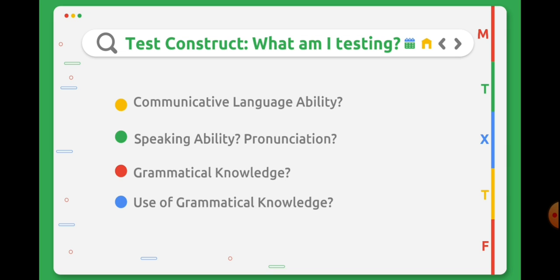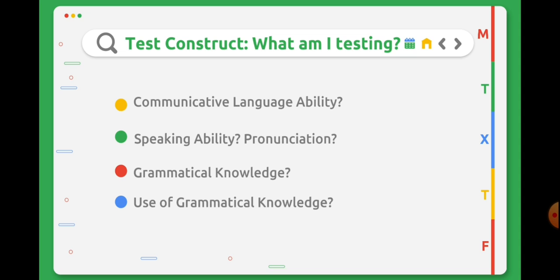And the next one is test construct. Test construct refers to what am I testing? For example, we test something broader, such as communicative language ability, or narrower, such as speaking ability, pronunciation, grammatical knowledge, or use of grammatical knowledge.